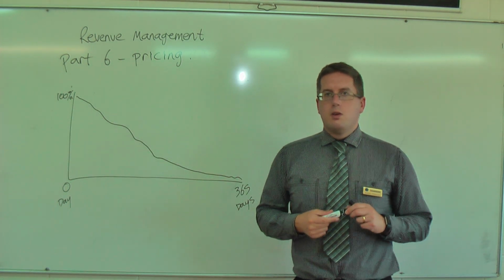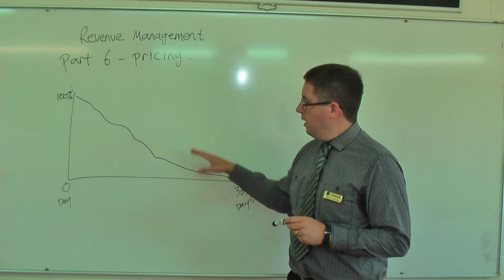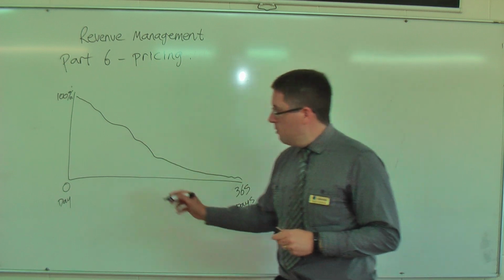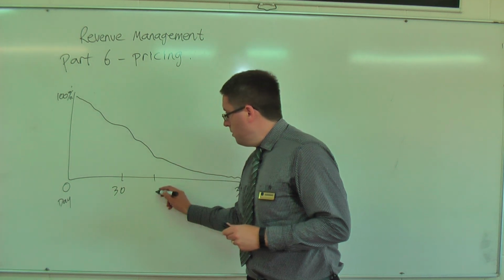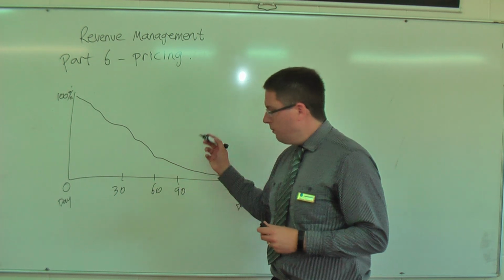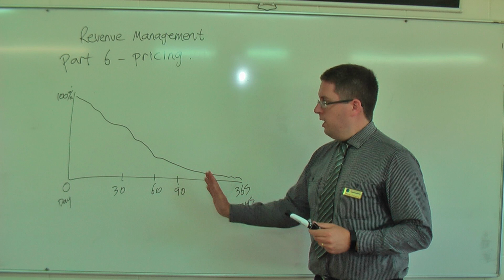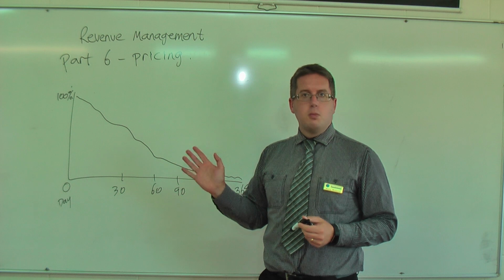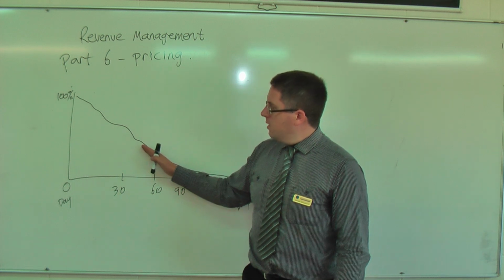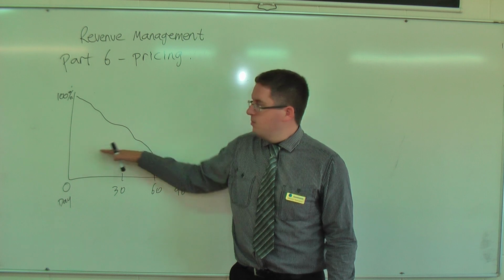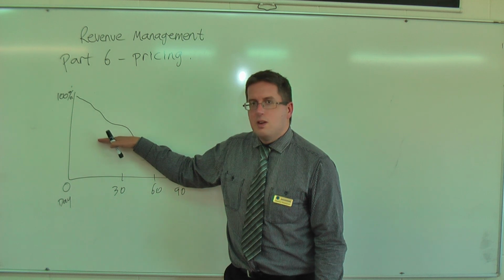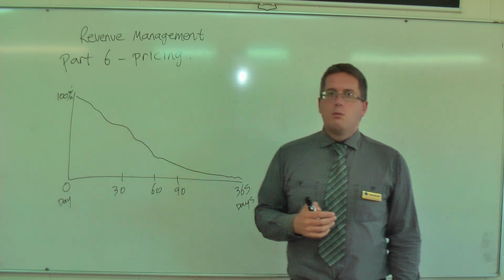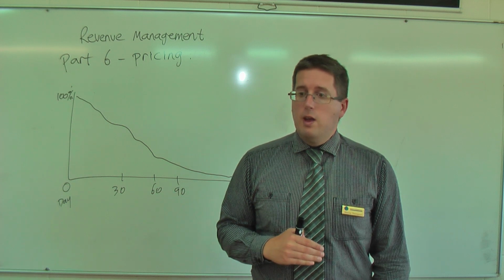Now this is something to monitor when you're revenue managers and to look at, because at each certain number of days out, maybe it's 30, maybe it's 60, 90, at each particular number of days out, the hotels will have targets of where they think they should be booked out. So if they find that, well actually no, the curve has gone down, we haven't actually booked in as many as we thought we would at this point, maybe that would mean that a pricing adjustment going down might be needed.